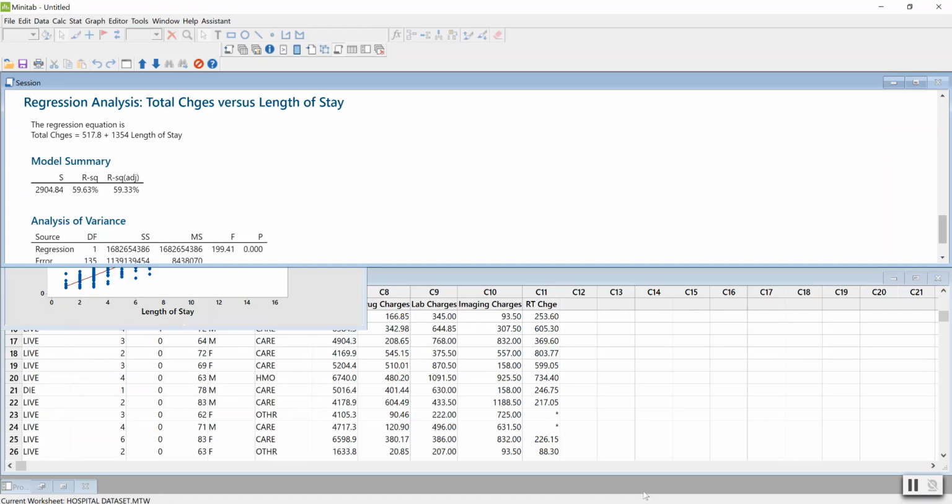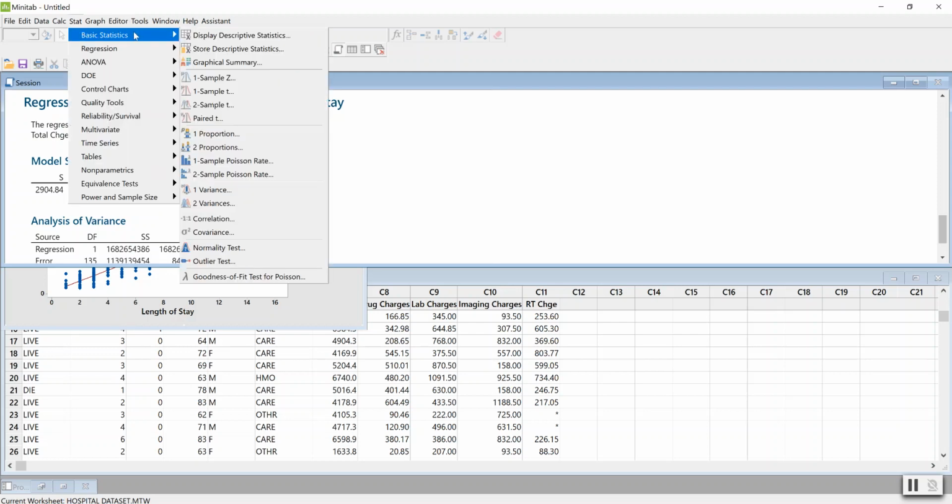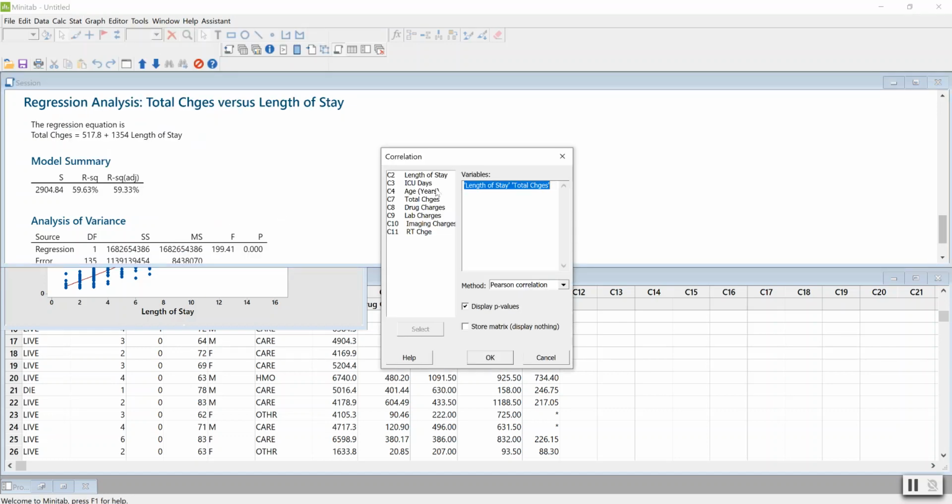We go into Minitab, go into statistics, go to basic statistics, and we're going to go into correlation. By default, Minitab would only populate this space with numeric values. It will not let you use categorical variables, which of course wouldn't make much sense. So I'm going to drag all of this, or if you like, you can pick them one after the other.